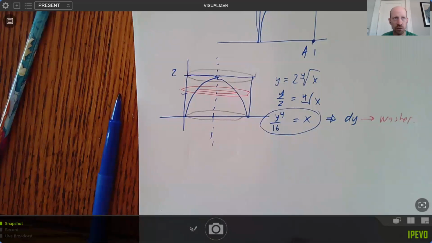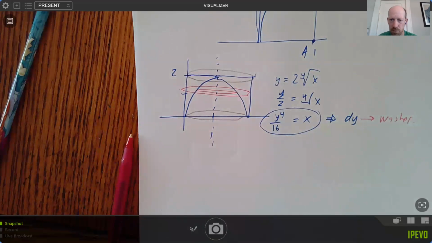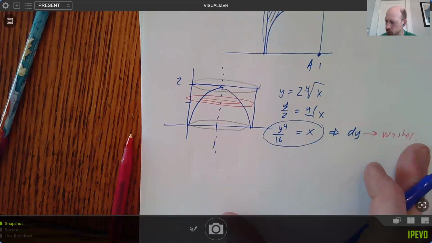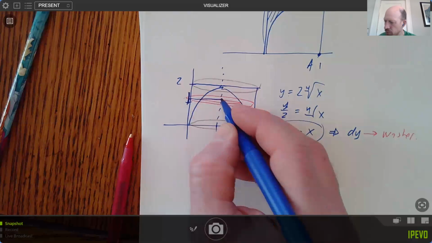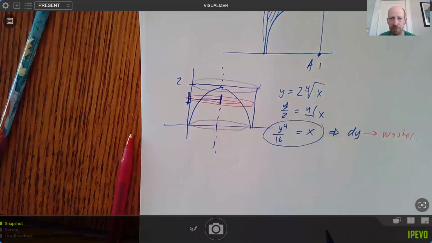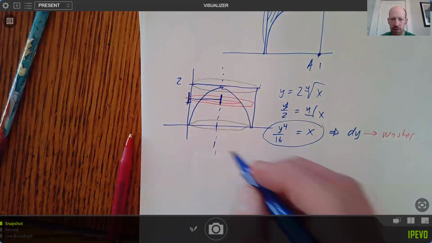All right, so remember we have this other axis of rotation. Not the x-axis or y-axis, but x equals 1 is our line here.